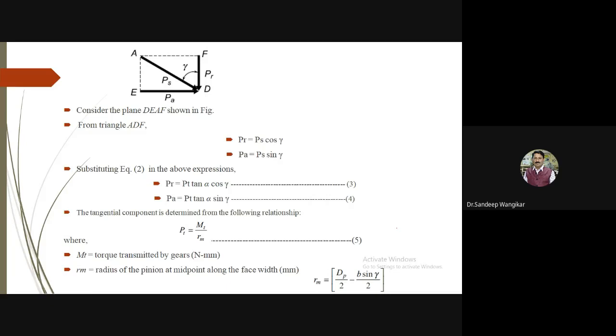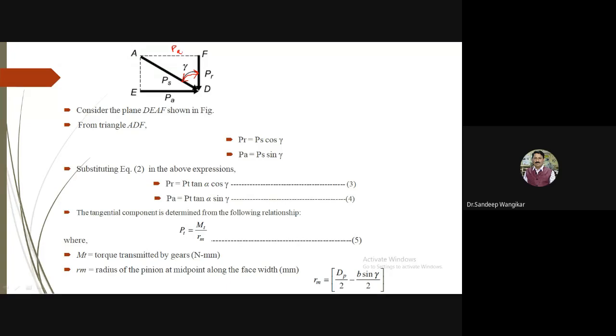Now consider the next triangle. Consider the plane AFDE, or as mentioned here, DEAF, no problem. From triangle ADF, this angle is shown as gamma. This side is PA, therefore this will be equal to PA.